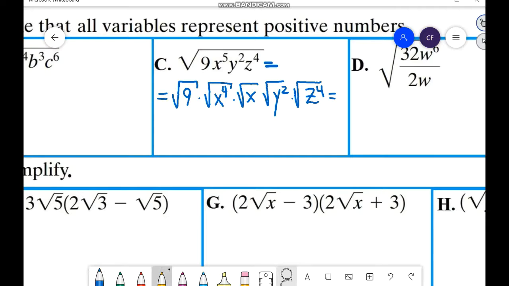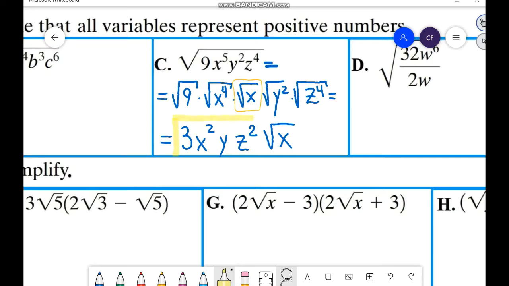Okay? The only thing that we cannot simplify is square root of x. So you keep square root of x like that, and let's start with the square root of 9, which is 3. The square root of x to the 4th is x squared. Then square root of y squared is y, and the square root of z to the 4th is z squared. This is the final answer for letter C.